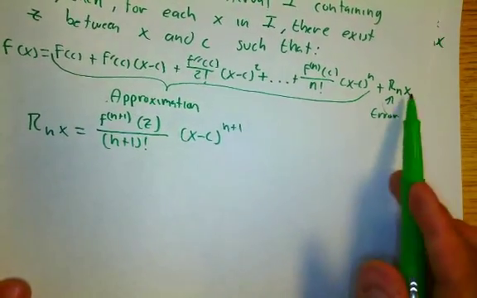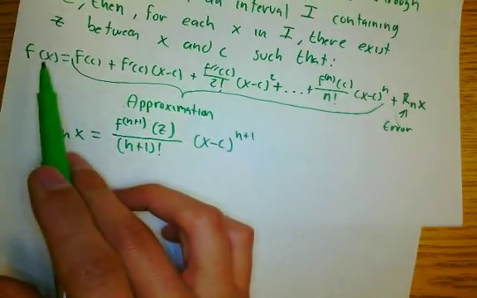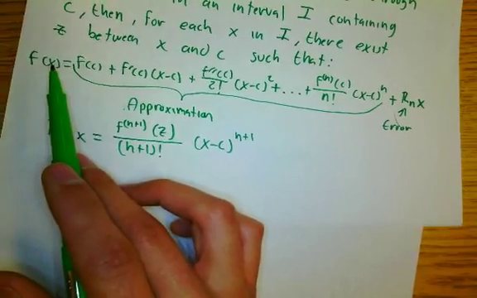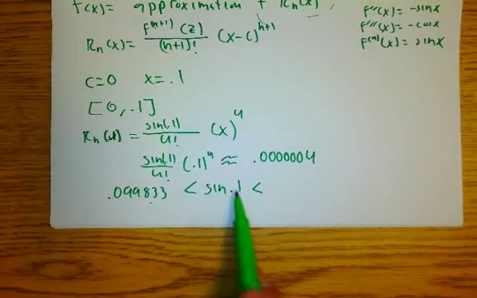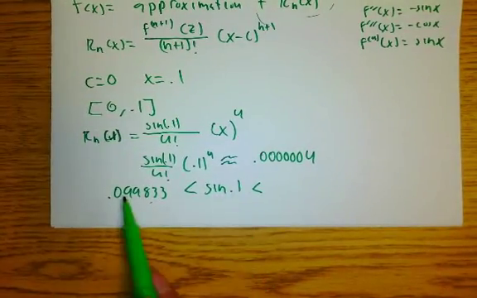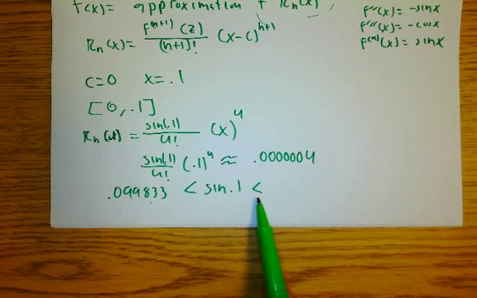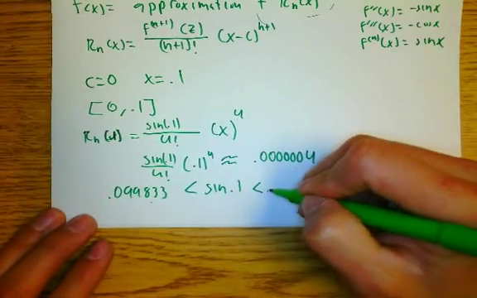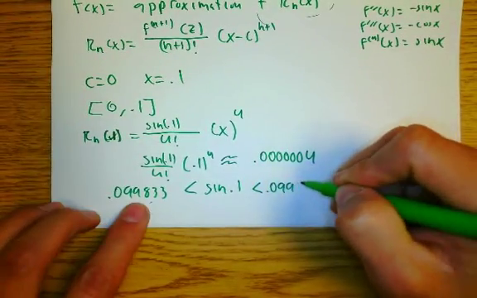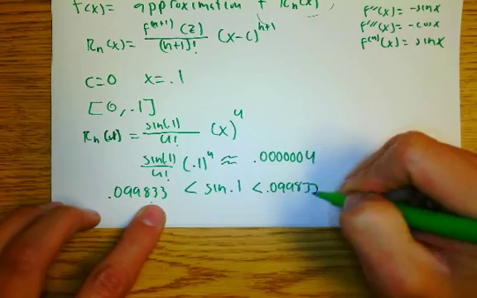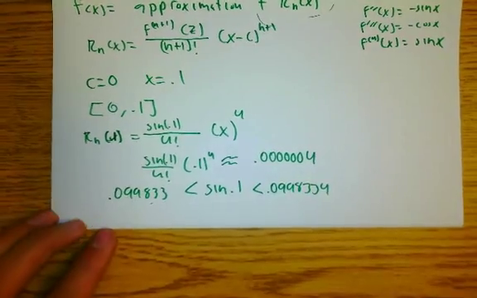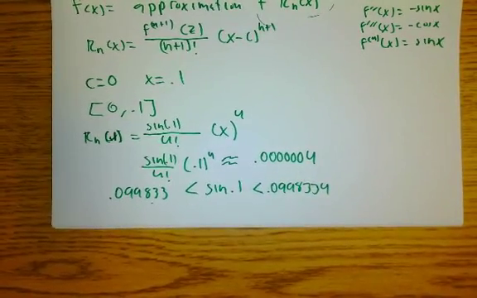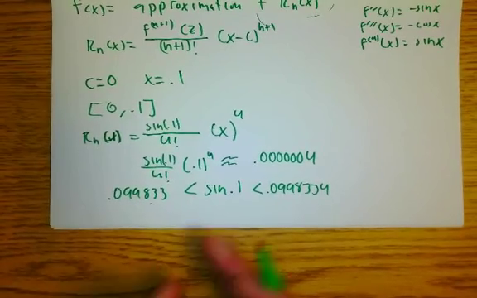So 0.09983334, right? That's pretty darn close. And if you type sine of 0.1, you are going to get somewhere in between that. Cool?